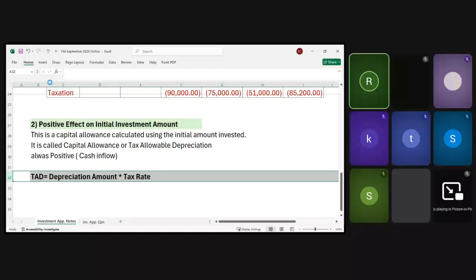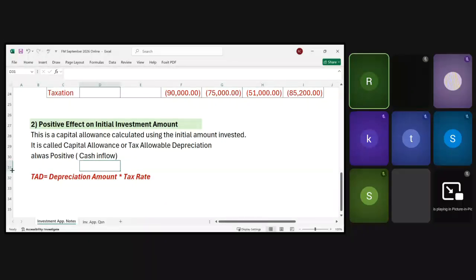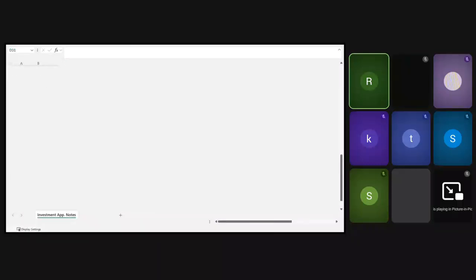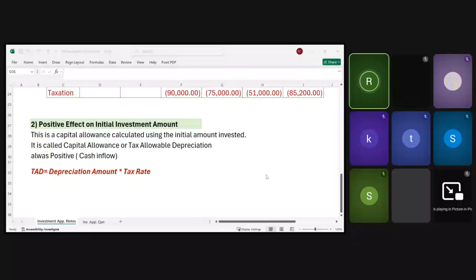And this one, we are going to put on the investment side. Remember last time we broke our NPV cash flow statement into two components: the upper side, which is REVEX, revenue expenditure, and the lower side, which is the capital expenditure side. So this falls under the capital expenditure side.